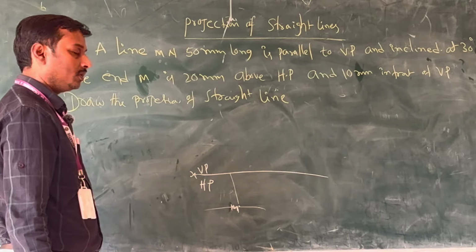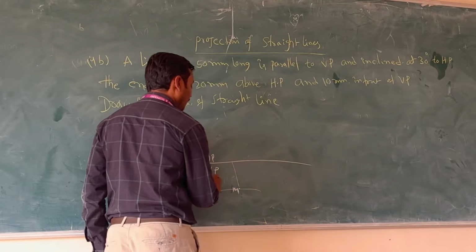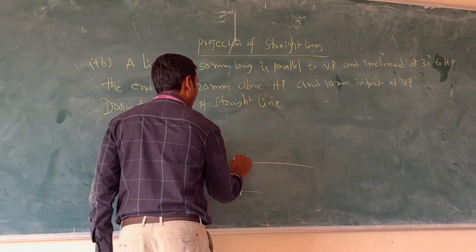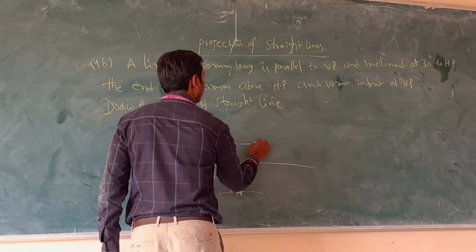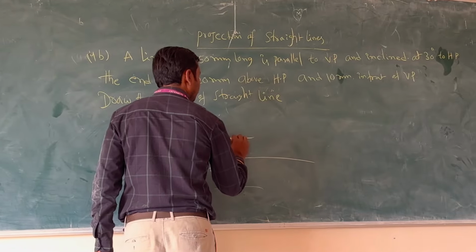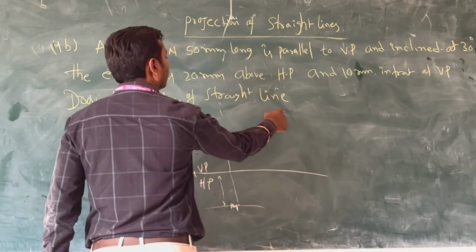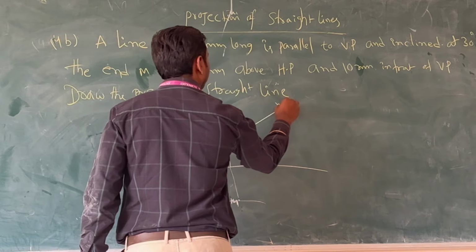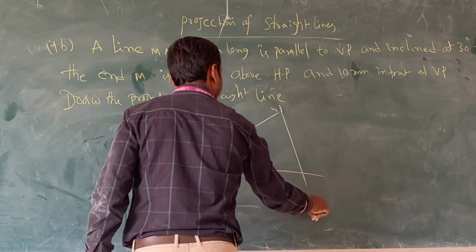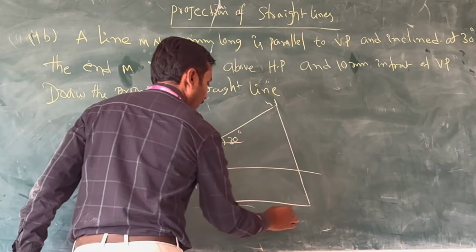In front of VP 10 mm. How much angle to HP? Take 30 degrees. What is the length of the line? M dash, N dash. M, N.